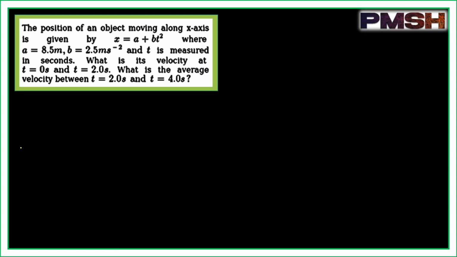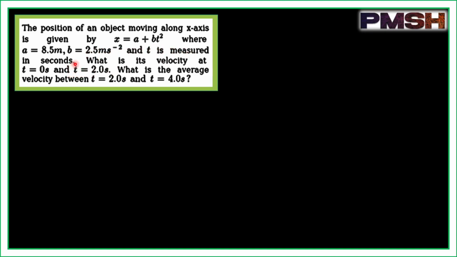So here is the second question. The position of an object moving along x-axis is given by x equal to a plus bt square, where a is 8.5 meter, b is 2.5 meter per second square, and t is measured in seconds.